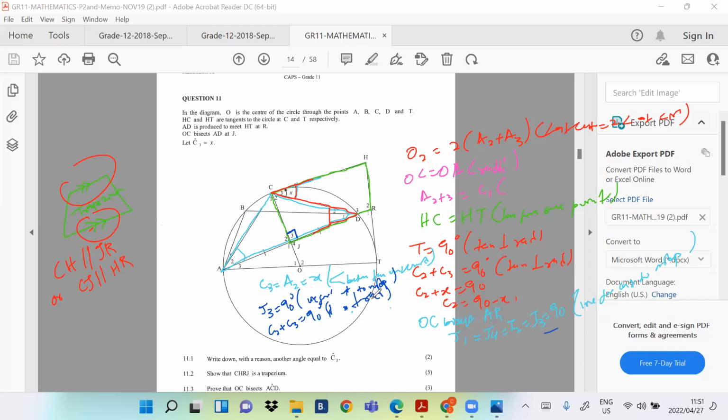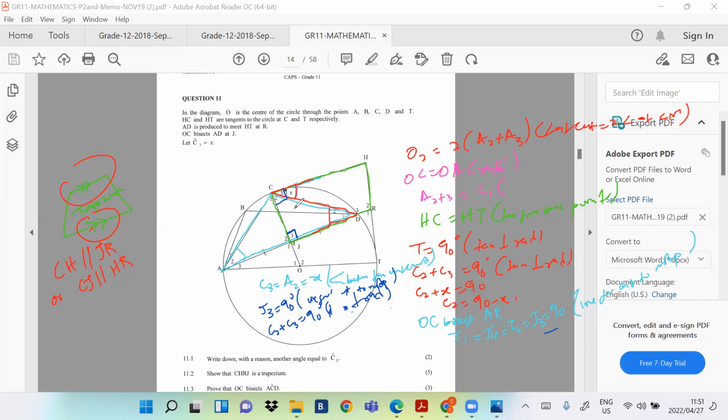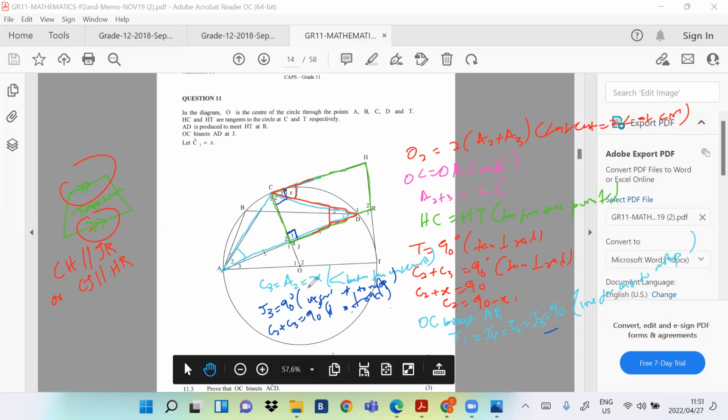Are you still with us, right? Yes. Okay, so that's a 90. Those two angles are co-interior.